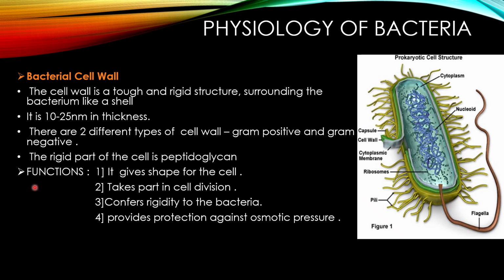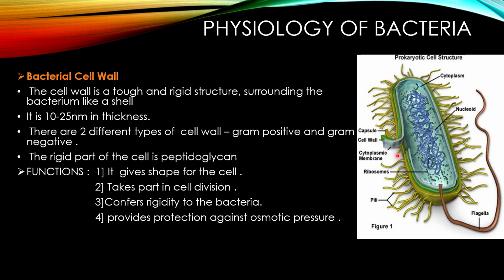What are the functions of the bacterial cell wall? It gives shape to the cell. First of all, this is what gives shape to the bacterial cell. It has one fixed shape and does not take up any shape it wants because of the very rigid and tough cell wall around it.